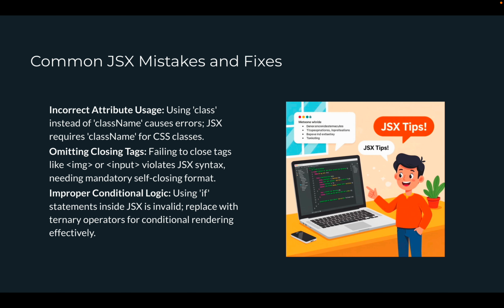If we don't use a closing tag, the HTML page still loads properly, but in JSX the page will not load properly. Next is improper conditional logic. Using an if statement inside JSX is invalid. Replace it with ternary operators to render conditionally and effectively.